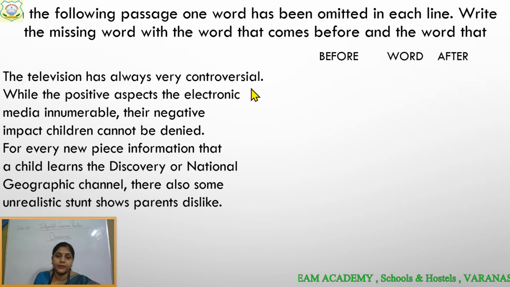But in your answer sheet you will write only this: answer number 4, 5, 6, 7, 8 or whatever answer number is there. Then you will make 3 columns: before, word and after. And after that you give the numbers. You will count the lines and give the numbers. Clear? Up to here, have you understood?